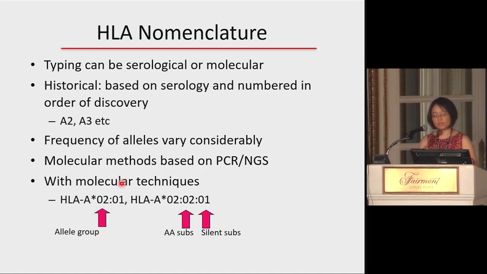And the allele would be the 02:01. But essentially in solid organ transplantation, we don't really focus on allelic differences. What we're most interested in is obviously the antigenic differences, what's going to be expressed on the cell surface. So a lot of times your HLA lab will translate this into just what the antigenic group is going to be.